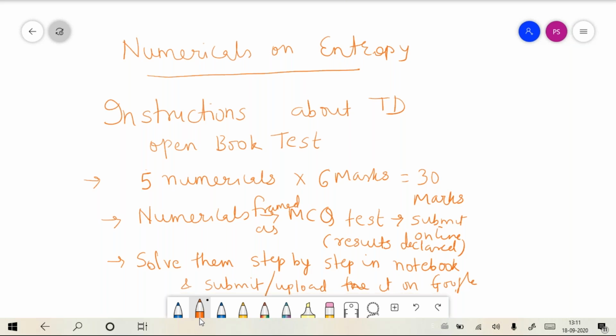So you need to view those videos clearly: the videos on the steady flow energy equation, the first law of thermodynamics and the second law of thermodynamics. You have sufficient time, and the numericals are framed based on the concepts. I hope this instruction is enough.